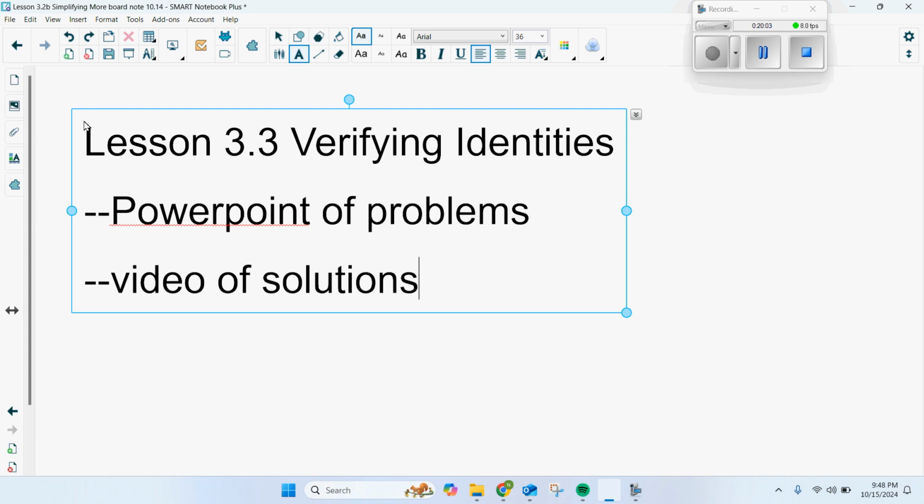And then when you try to do it on your own, you're like, what? So I need you to try it on your own, slash with your group. I want you to work on it with each other and talk to each other about it. And then when you get stuck on a problem, you can go to Mr. Yosef's video and fast forward to the problem that you need to go over. Okay. So that's going to be in the folder for today that says lesson 3.3, verifying identities.